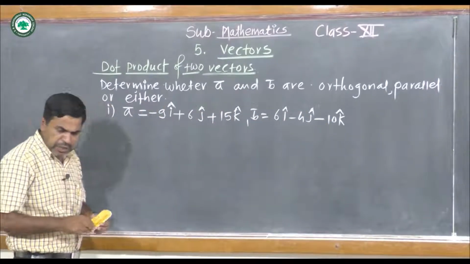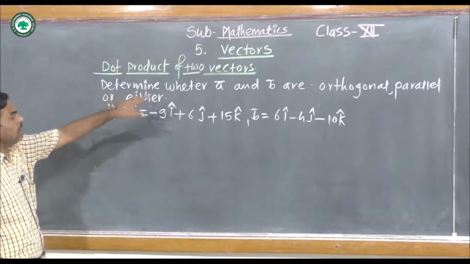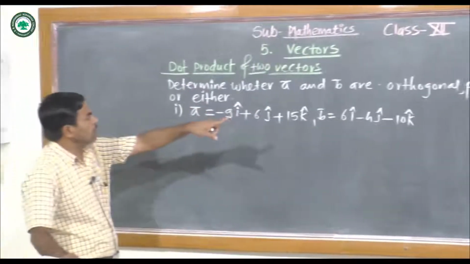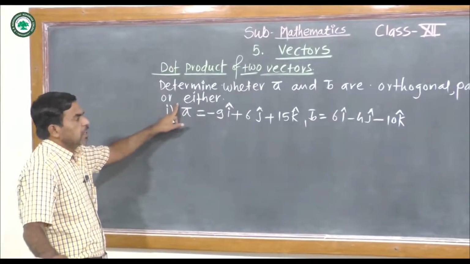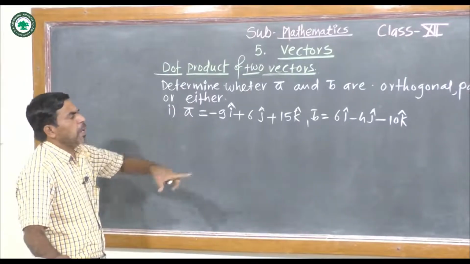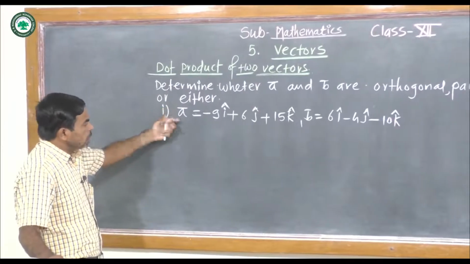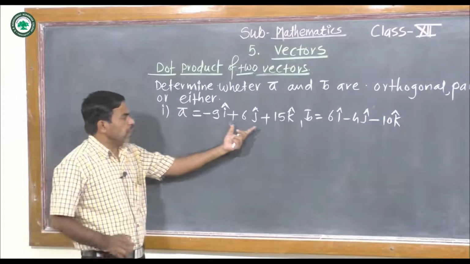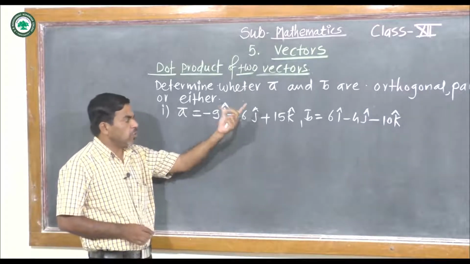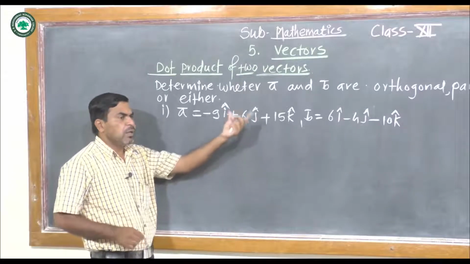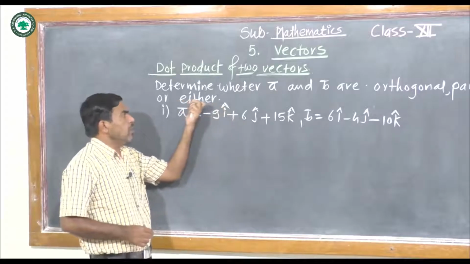Now see the question: determine whether A bar and B bar are orthogonal, parallel or either. Orthogonal means perpendicular. So we have to determine whether these two vectors A bar and B bar are orthogonal, meaning perpendicular, parallel or either.